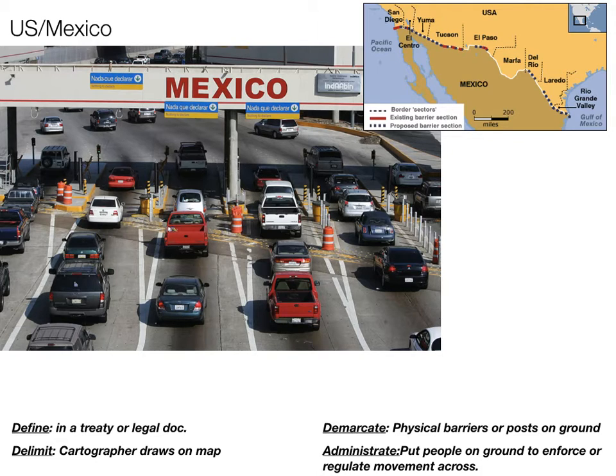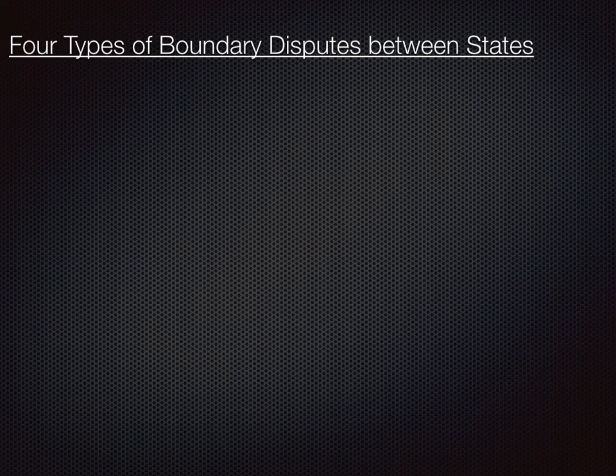We do have a fence and small walls in certain places on this boundary, but here we can see that people do cross this boundary. Actually, thousands of people cross this boundary on a daily basis, and this boundary is administrated on both sides by U.S. and Mexican authorities.